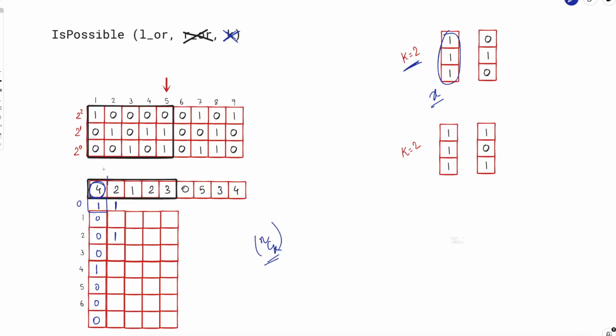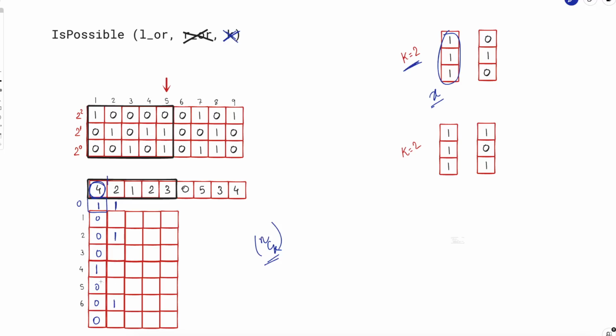What does that mean? It means that with some combination of elements on the left, I can get a XOR of 4. Now, if I can get a XOR of 4, I can add 2 to that combination and I can get a XOR of 6 as well, right?